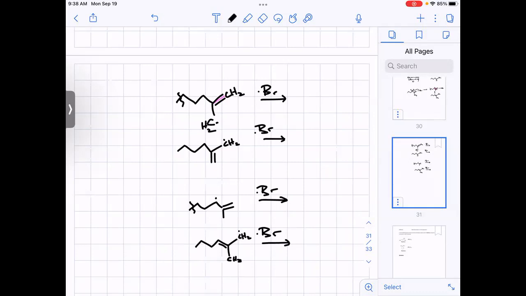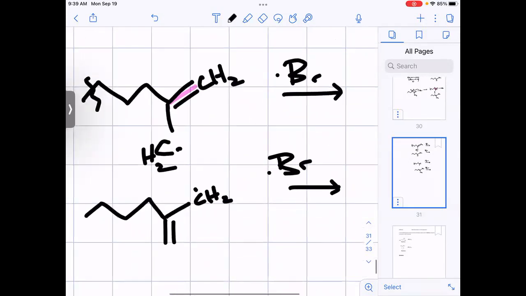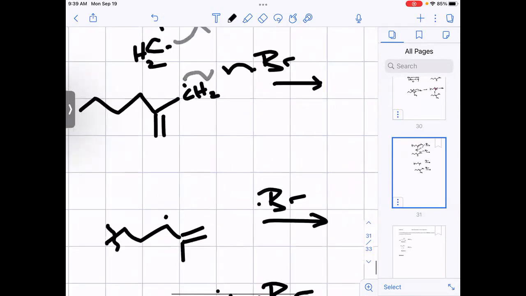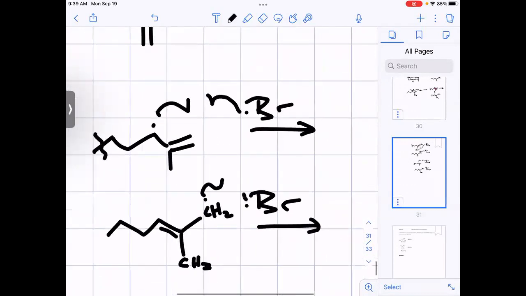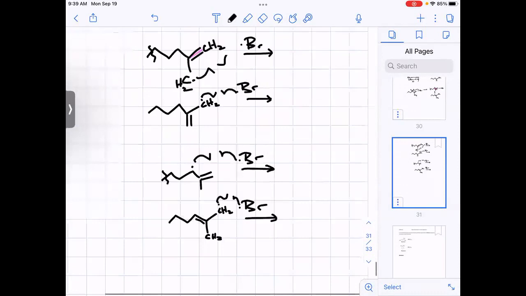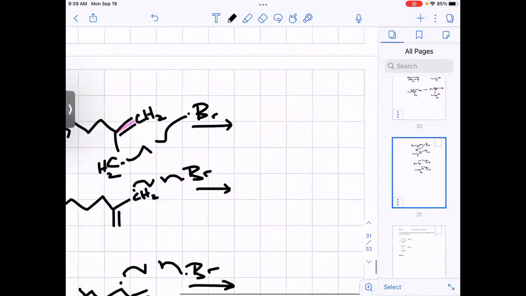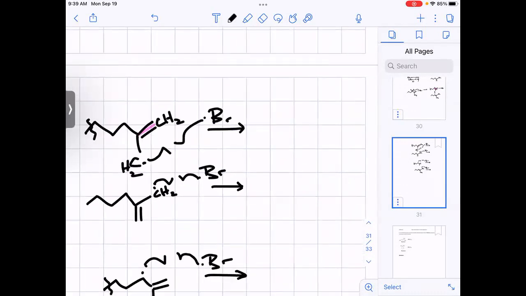Yes. So here, I'm going to show these two coming together, right? Same thing is going to happen in each one of these steps. The two radicals are going to combine and give you a product. So up top, as you can see, I'm going to be putting a bromine on this carbon. That's the whole purpose of the reaction.